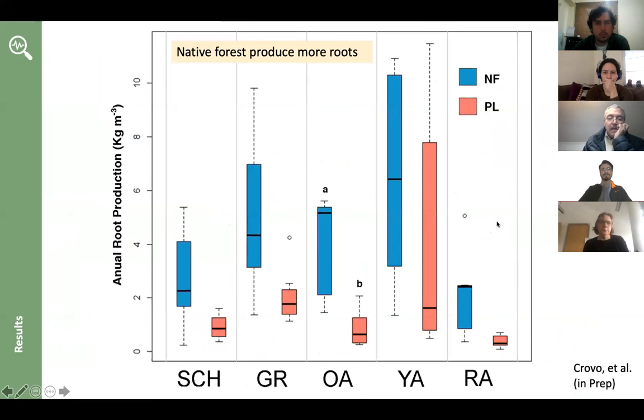When we look at roots, it's the opposite. Most of the sites show that the native forests produce more roots than the pine plantations, being significant in almost all sites.